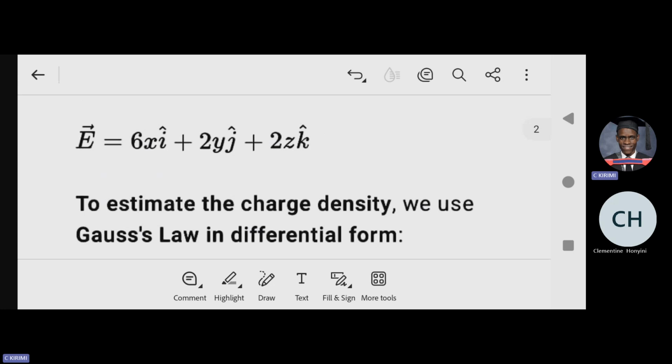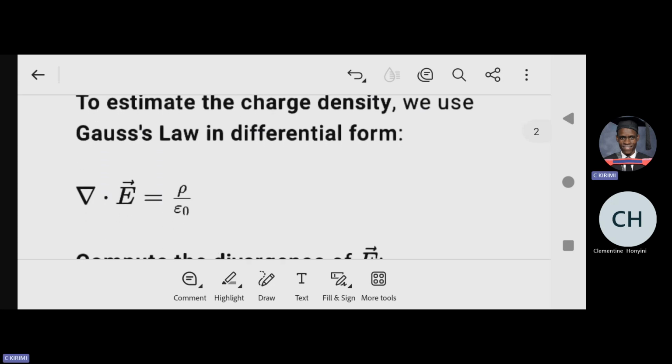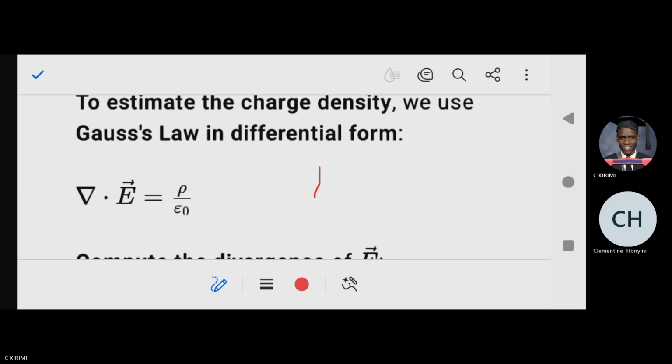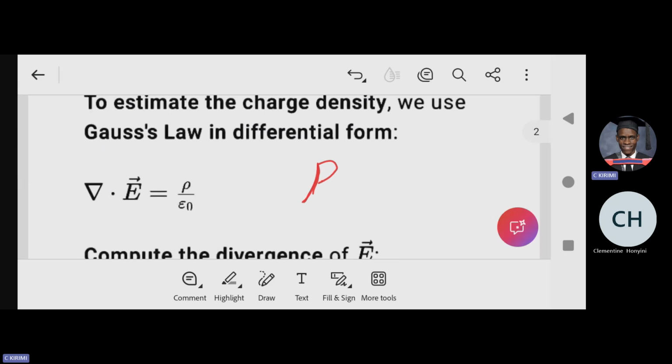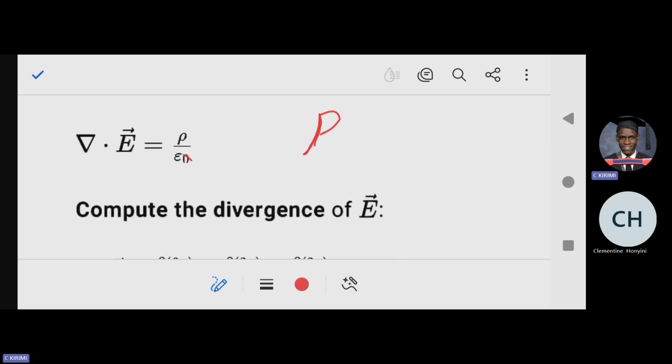To estimate the charge density, we use Gauss law in differential form, grad E equals rho over epsilon naught, where rho is the charge density at P. This epsilon naught is a constant.